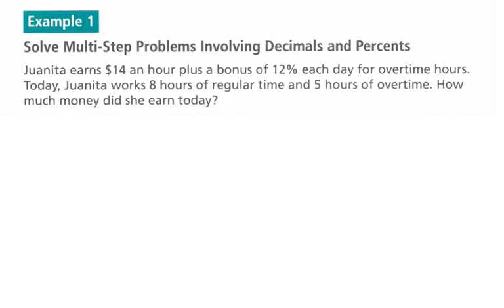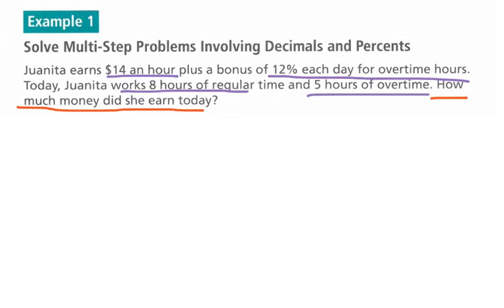So, first of all, what are they asking me to do? They want to know how much money she earned today. And so what do I know? I know that she gets $14 an hour plus a bonus of 12% each day for overtime hours. Today, she worked 8 hours of regular time and 5 hours of overtime.